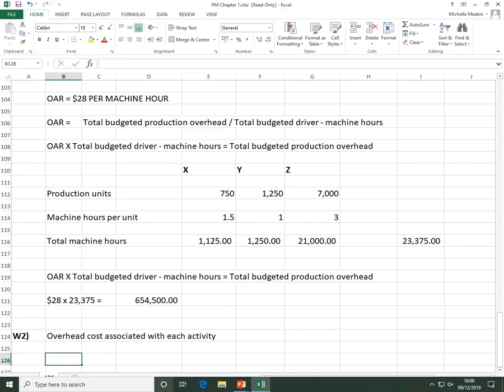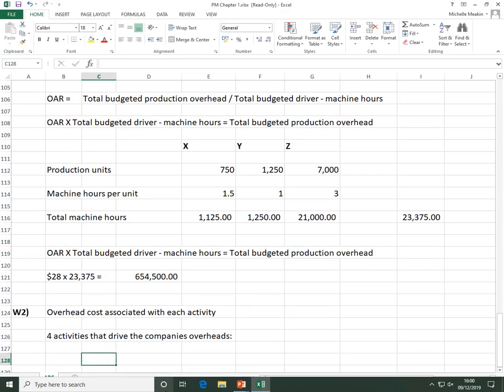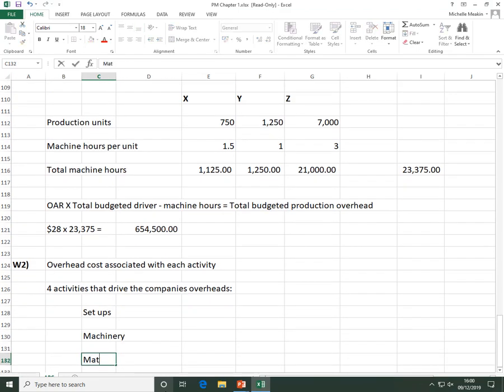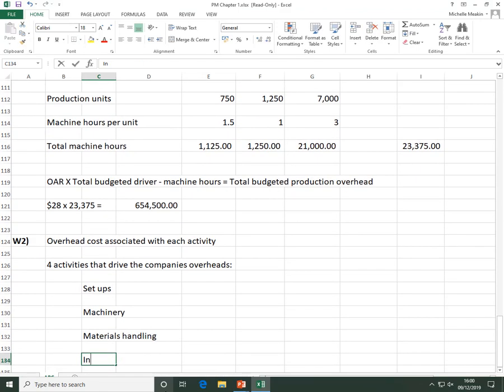You are provided with 4 activities that drive the company's overheads. Setups, machinery, materials handling, and finally, inspections.